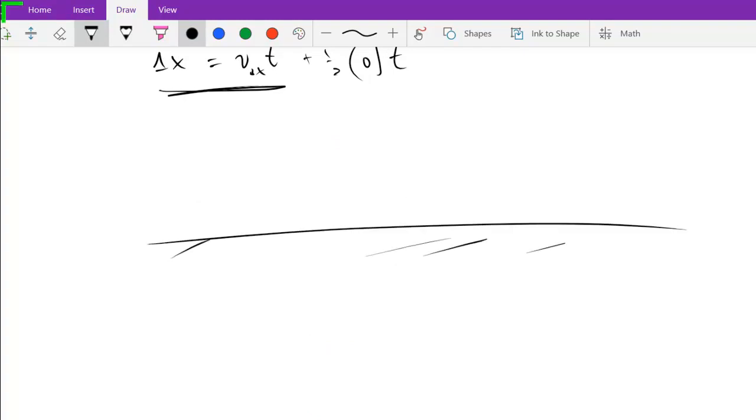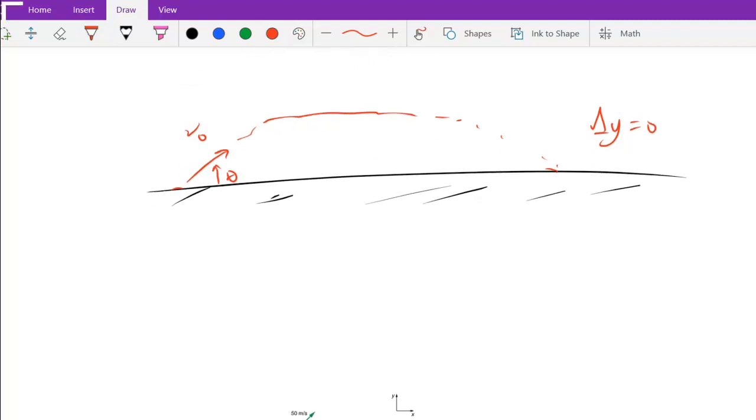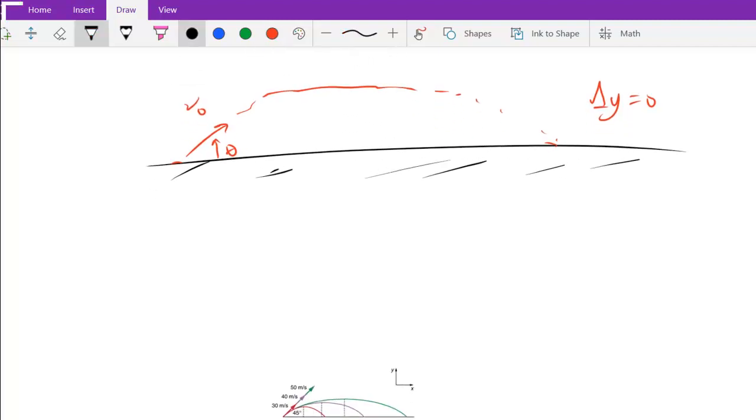Here's the ground, and it's launched at some initial velocity, v naught, at some initial angle, theta, and then it lands at the same height from which it was launched, such that delta y is equal to 0. Then we have this equation above, delta y equals v naught y t plus 1/2 a y times time squared.